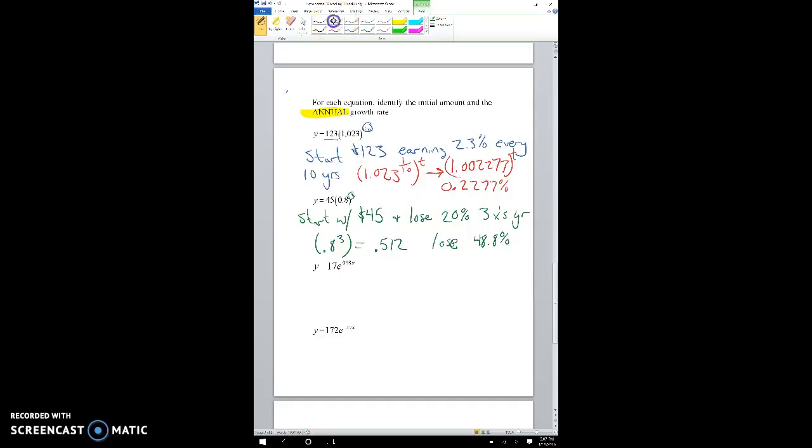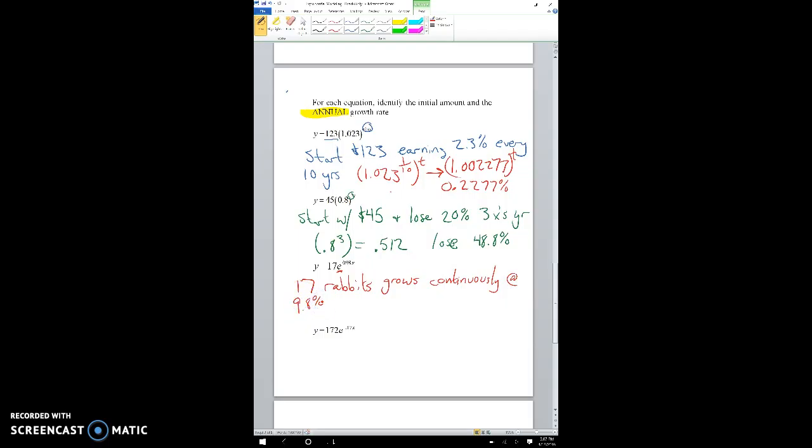The next problem. I start off with 17 rabbits. And the population is growing continuously. I know it's continuously because I see the E. At 9.8%.